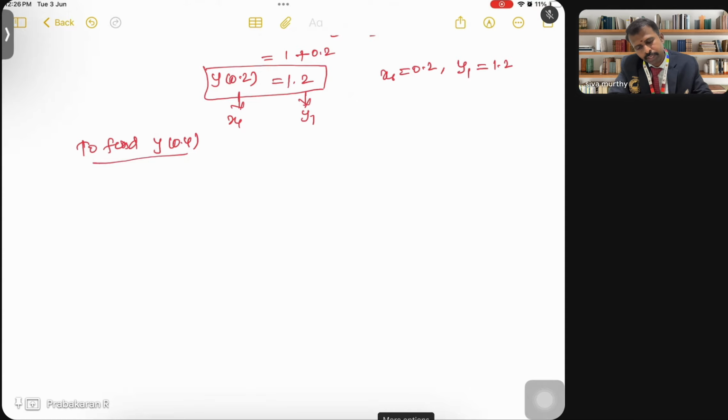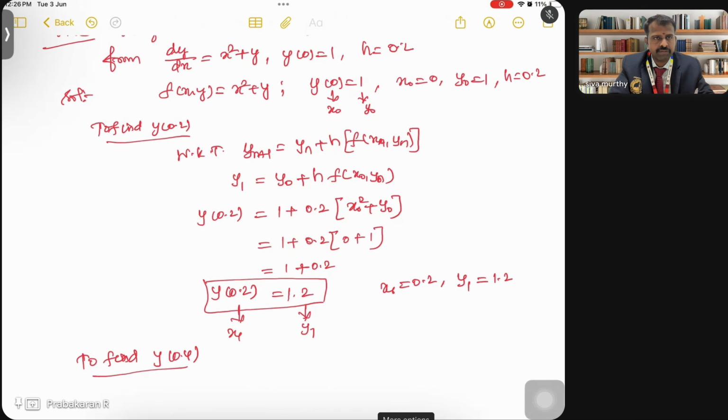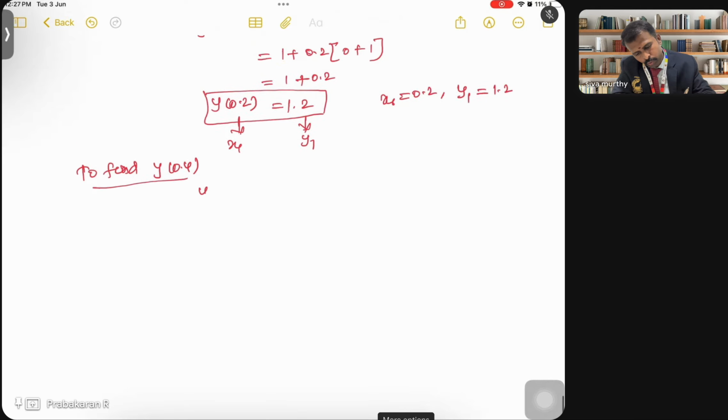Put n equal to 1 means, see, listen, our formula is y(n+1) equal to yn plus h f of xn comma yn. Now here we will substitute, put n equal to 1, we get y2. So the y2 is here y of 0.4.